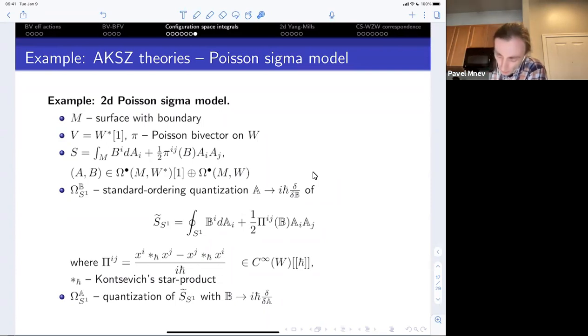But I wanted to say something about the boundary differentials. It turns out that the boundary differential on a B side can be written as a canonical quantization, or standard ordering canonical quantization, so all derivatives to the right, of the following object, which looks almost like the boundary BFV action in this model, except that I should replace the Poisson bivector with its complicated deformation, which comes from the star product.